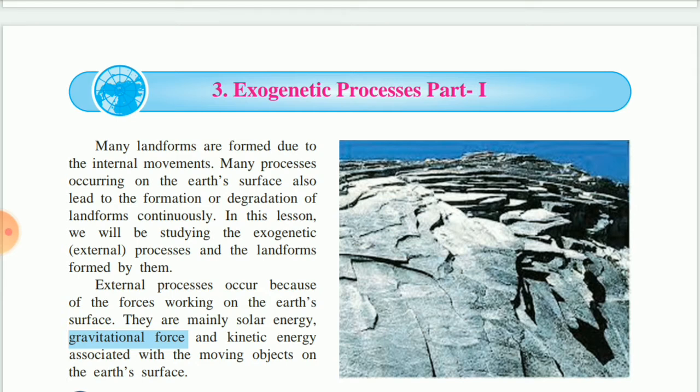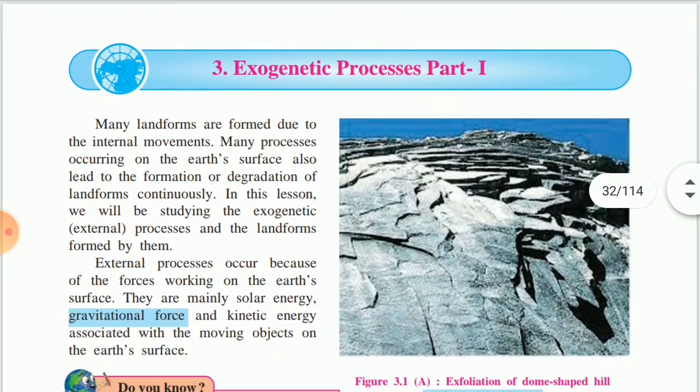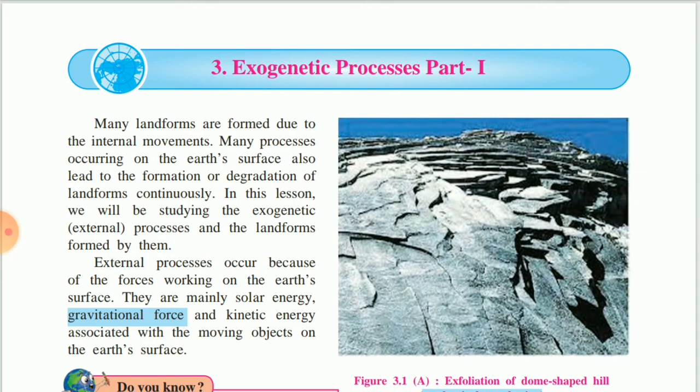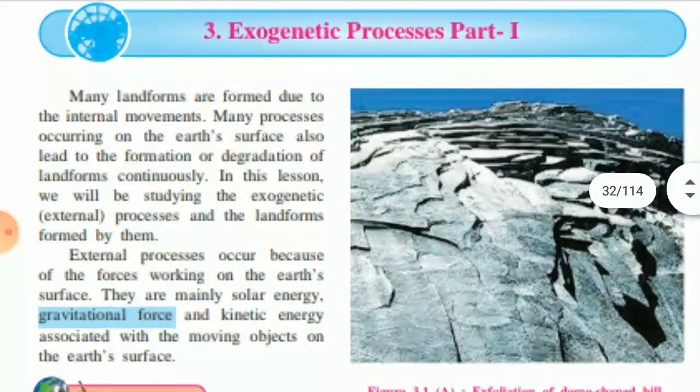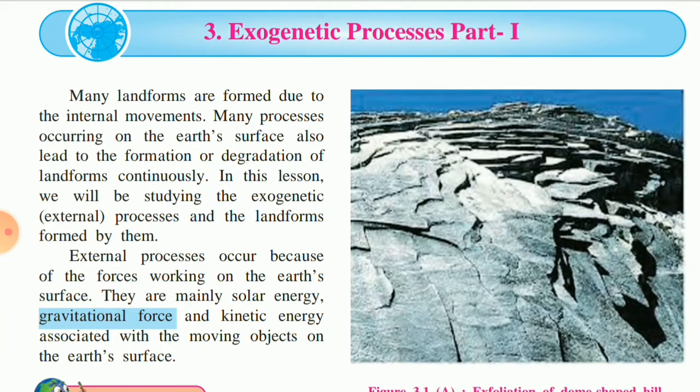For example, a simple example, the process which goes on in the stomach of our body is an internal process, and the process outside the body, our nails grow, our hair grows. So these are considered as exogenetic process.